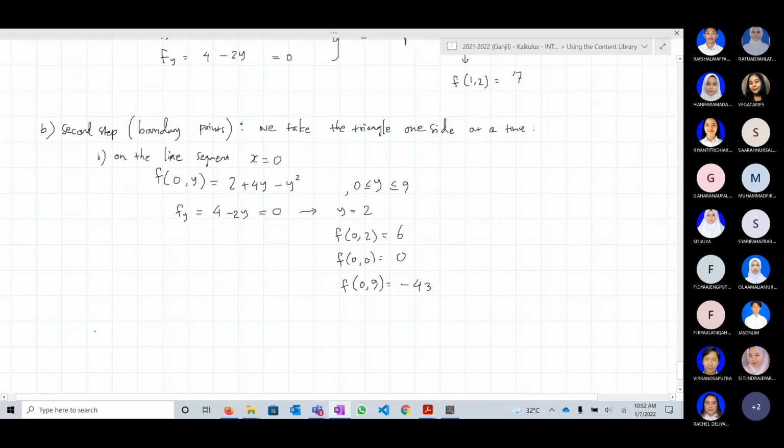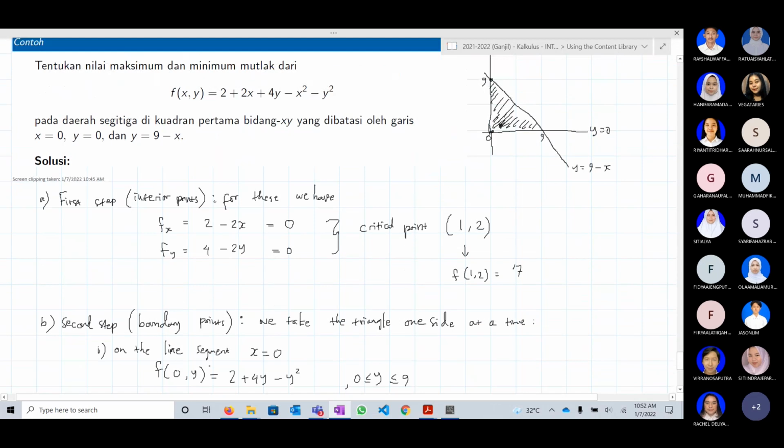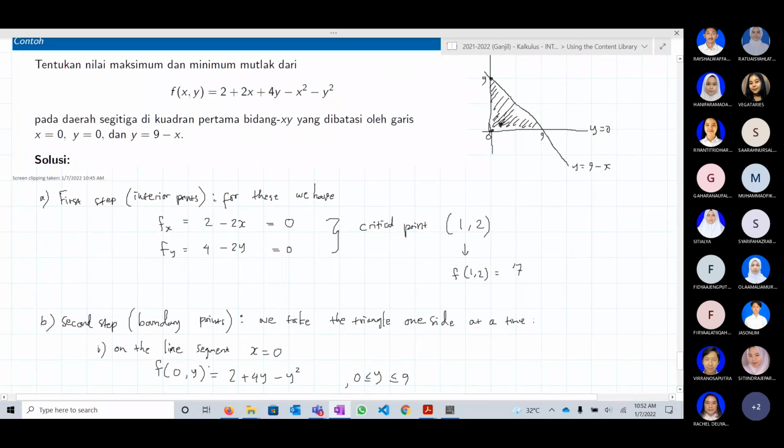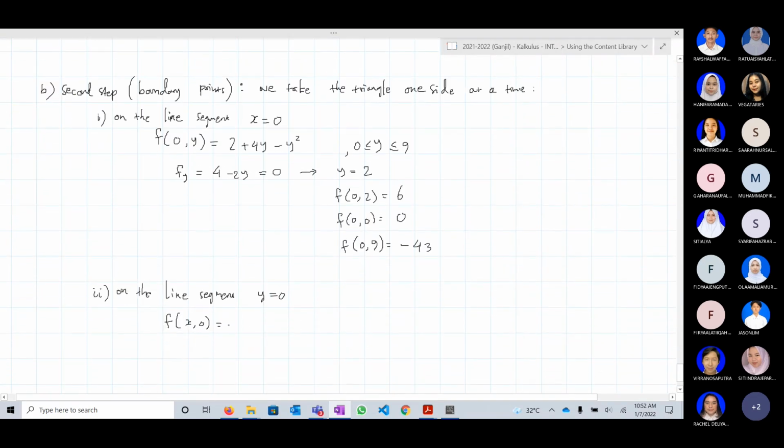And then we compute on the line segment y equals to 0, and we have f of x comma 0 is equal to 2 plus 2x minus x squared.